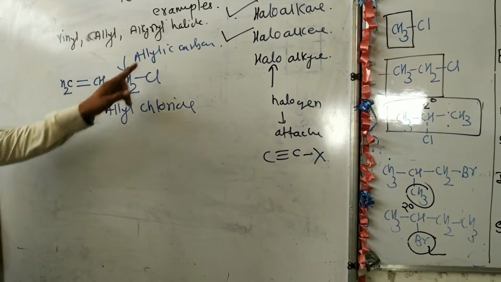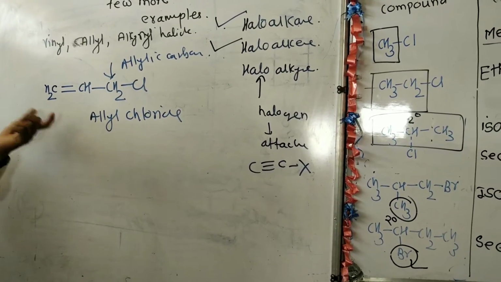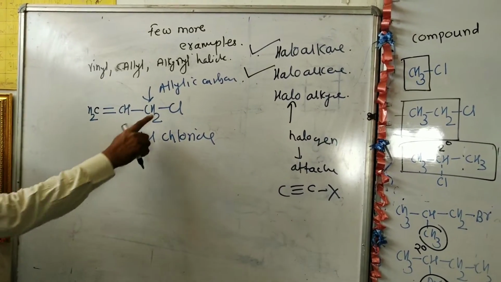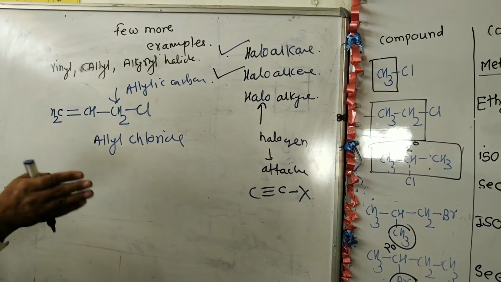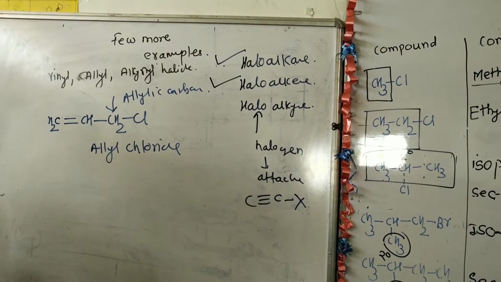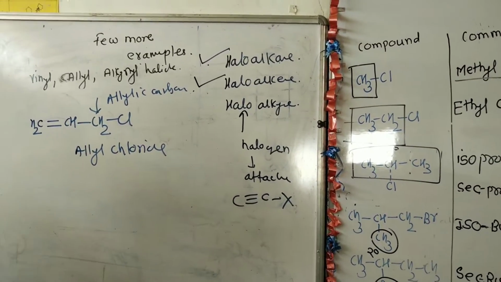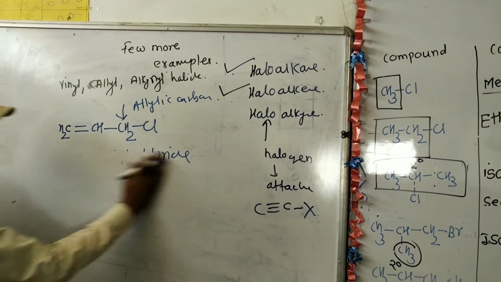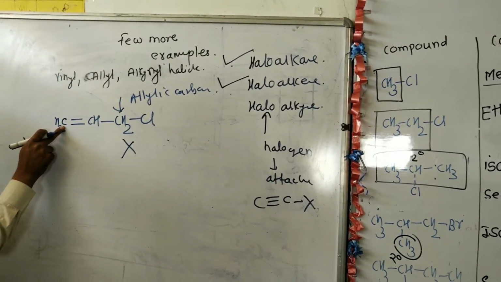The previous rule stated that in writing the IUPAC name, select the longest chain from where halogen is near. But in the case of allylic halide, select the longest chain from where the carbon-carbon double bond is near. That's why we did not select from this side, we selected from the carbon-carbon double bond.